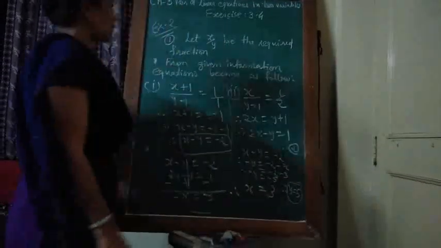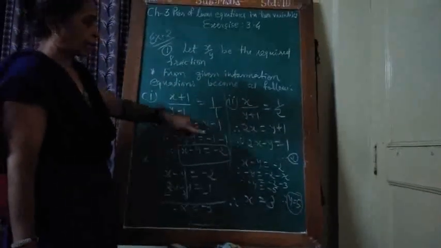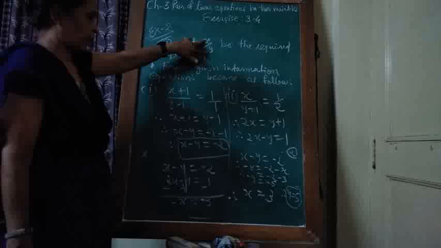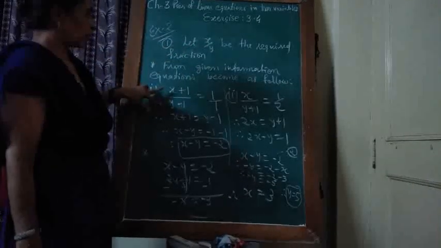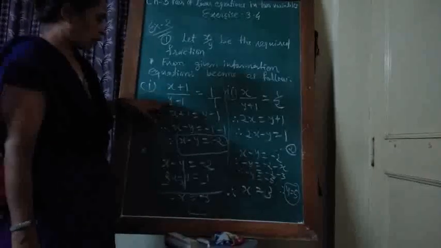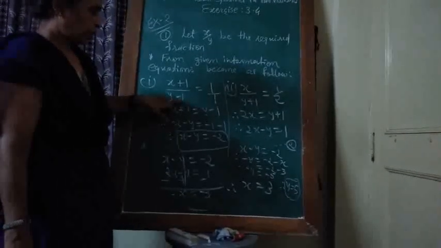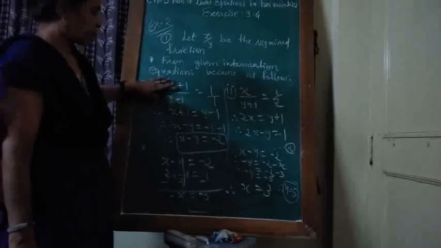So what is your required fraction? x is 3 and y is 5, so 3 upon 5. If you want to verify, put 3 plus 1, that is 4, and y is 5 minus 1, that is again 4. So 4 upon 4 is 1.